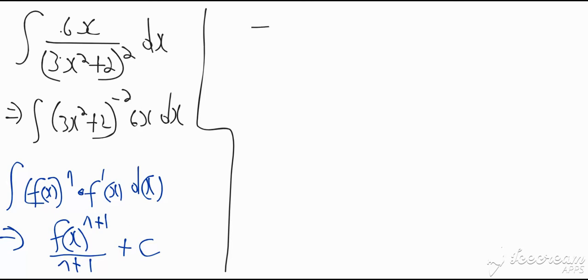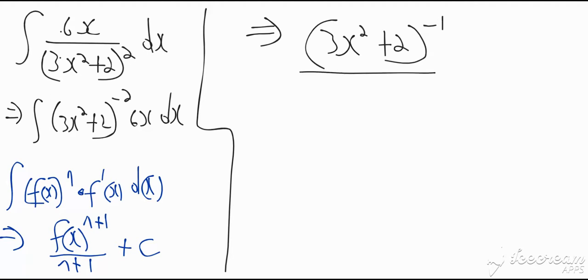So when we integrate that, we're going to add 1 to the power. So I'm going to have 3x squared plus 2. The power is negative 2. If we add 1 to negative 2, I'm going to get negative 1. And we divide by the new power, which is negative 1, plus the constant of integration, which is c.